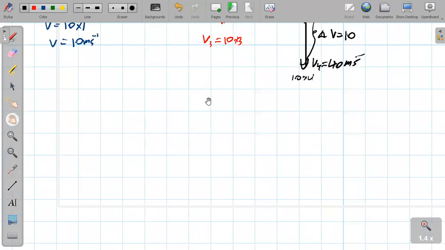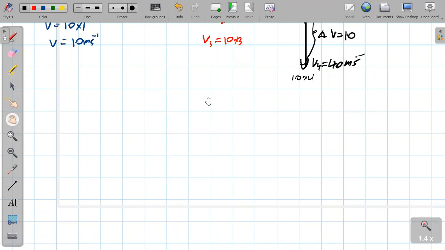According to the above results, it's obvious that velocity keeps increasing.